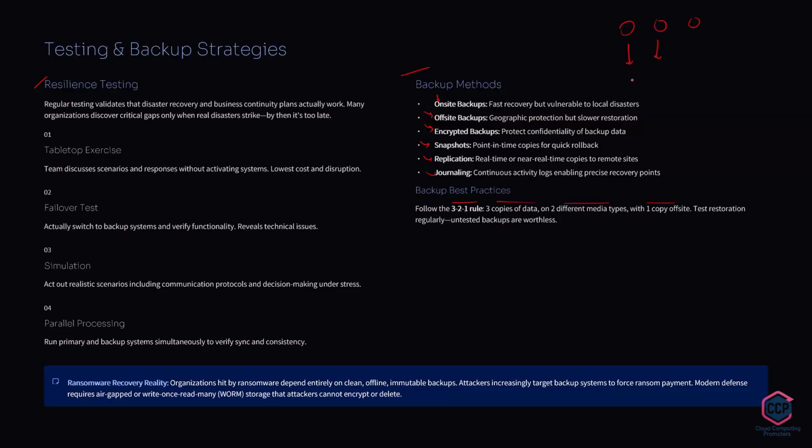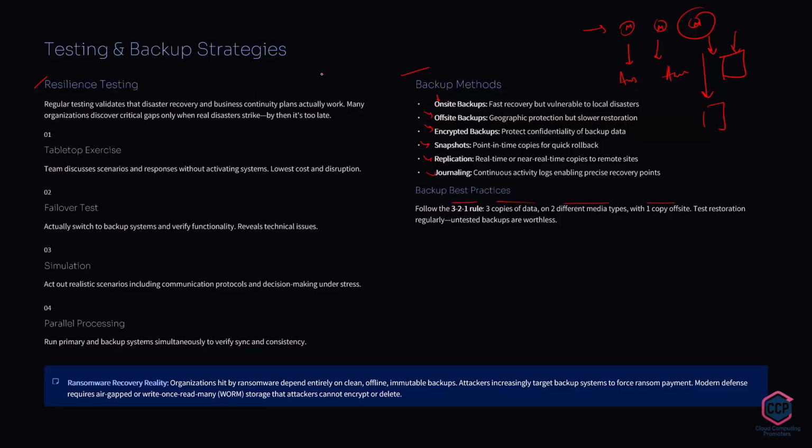If they are using the cloud, one should be in AWS, one in Azure, or one in Google Cloud Platform, GCP. The same applies to our data. Off-site means it should be in a different place, or it could be on premises also. So this is a rule which they follow.